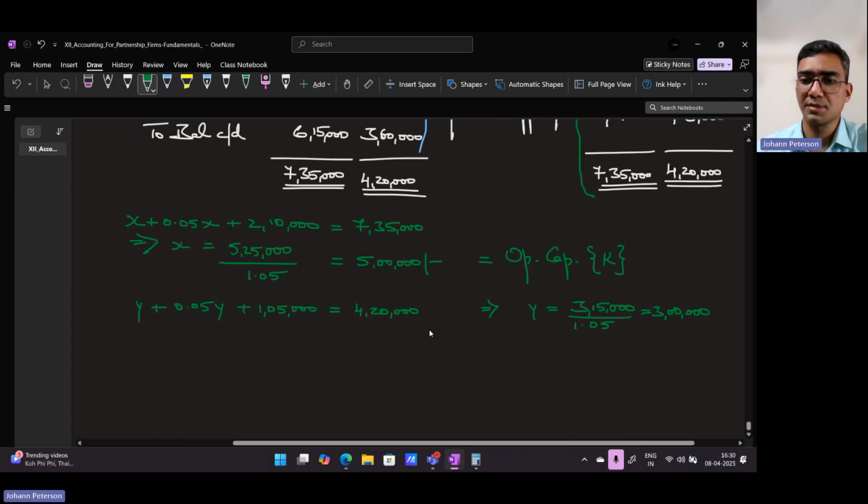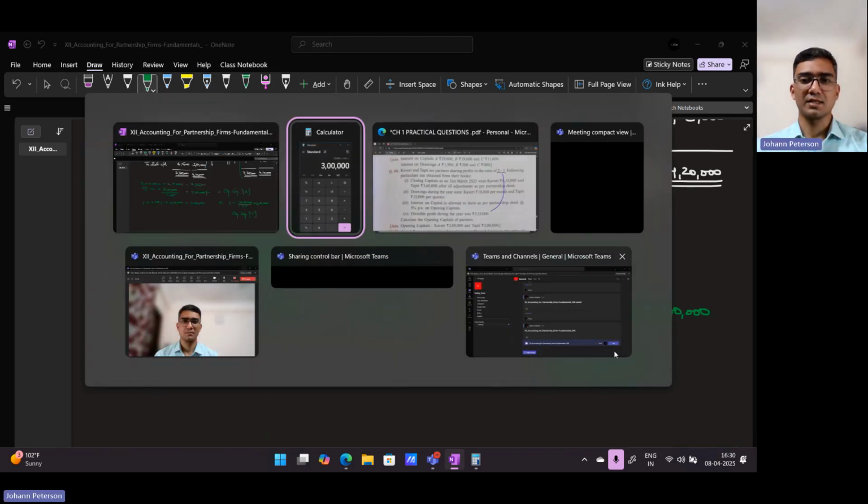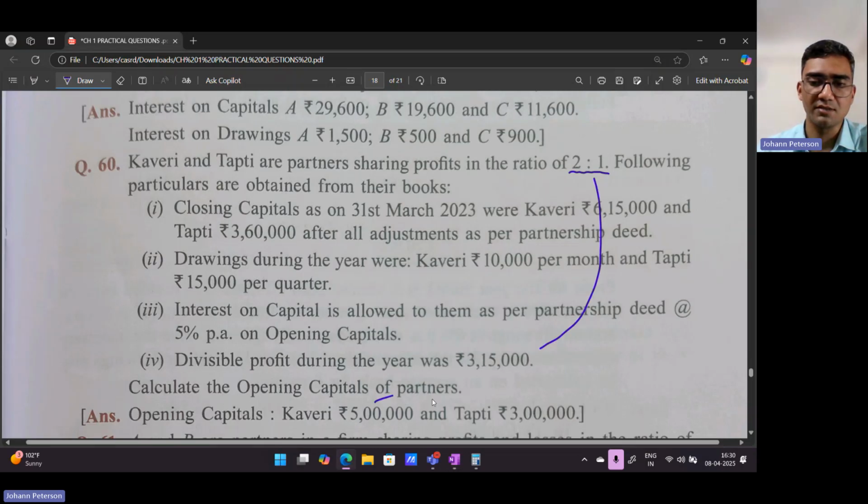Which is the opening capital of T. So the answer should be 5 lakh and 3 lakh. Let's check. The answer should be 5 lakh and 3 lakh, which is correct.